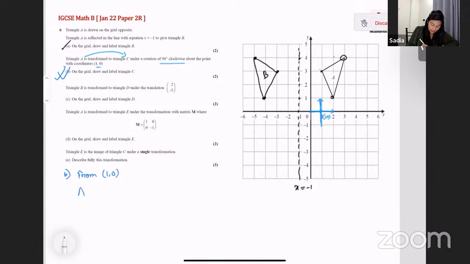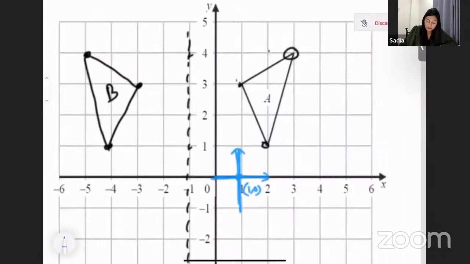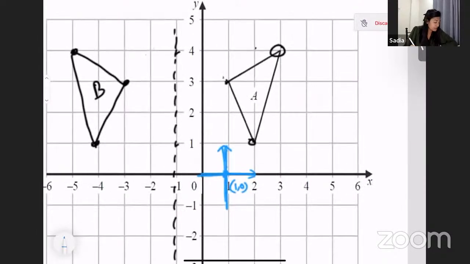So triangle A will be transformed into triangle C. So I will just list down the coordinates of triangle A from this new center 1, 0. So if I look at the coordinates, we have this point.